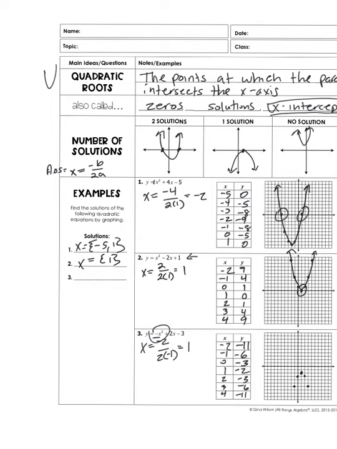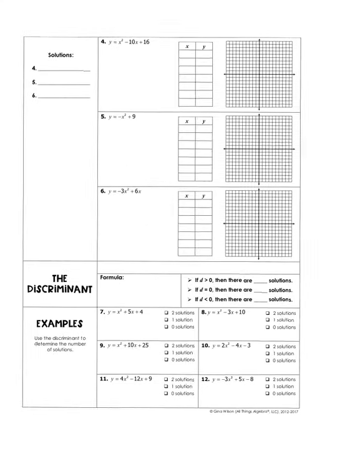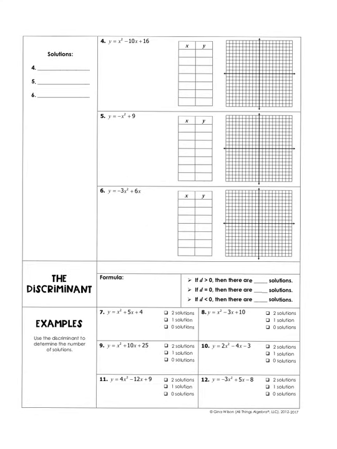The other points are off the graph, so I'm just going to put these on there. This graph opens down, and it doesn't cross the x-axis, so there are no roots, no solutions. Next page, a couple more problems, then we're going to talk about the discriminant.